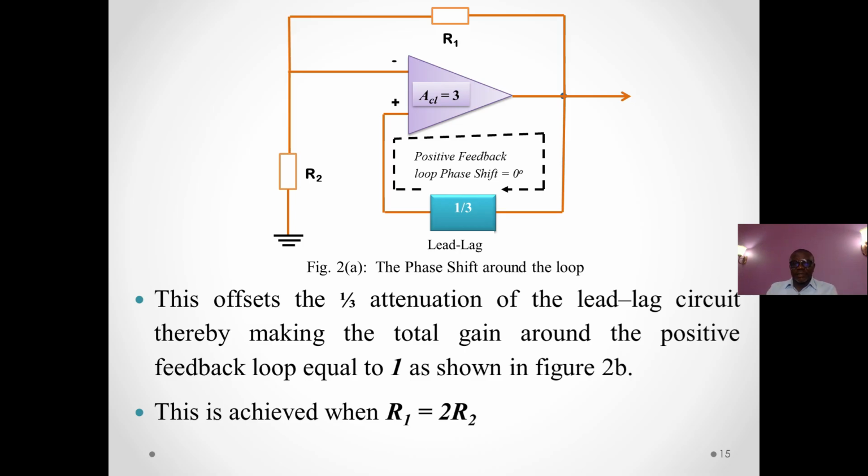That is, the value of R1 in the divider network is equal to 2R2. Immediately you use that as your divider network resistances, then you will automatically achieve this feedback gain of 1 and phase shift of 0.